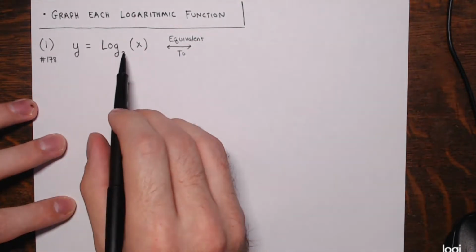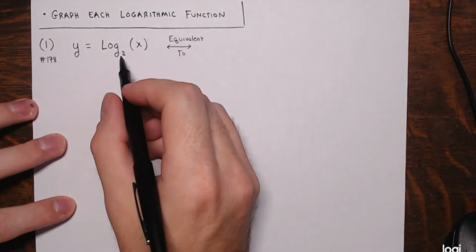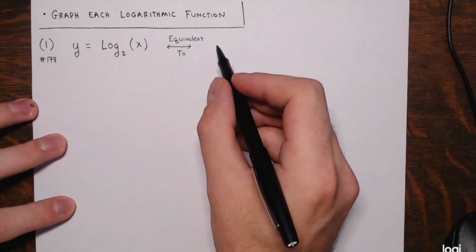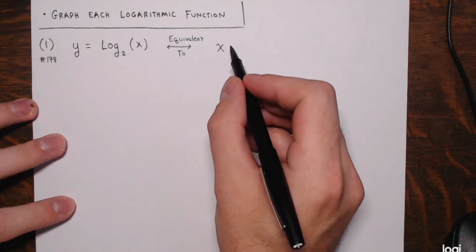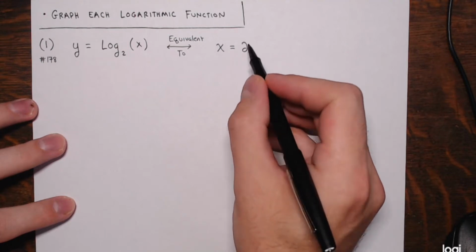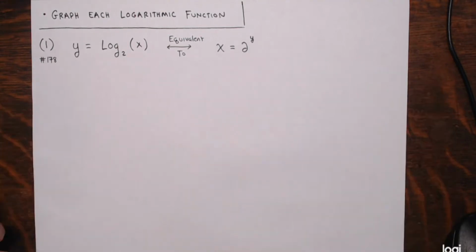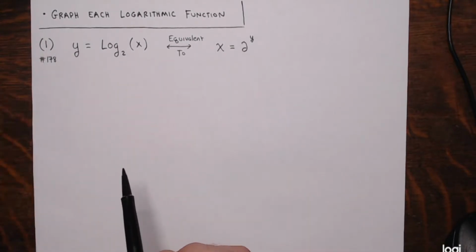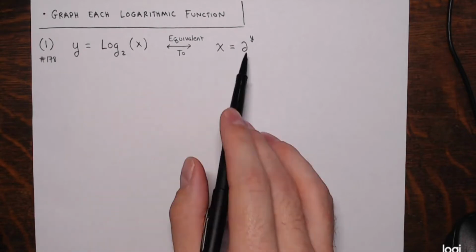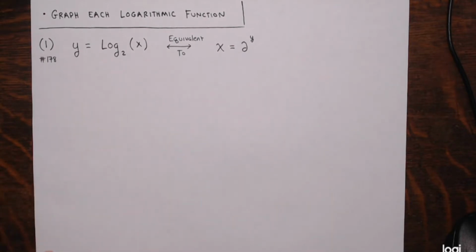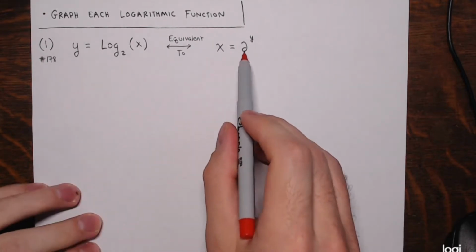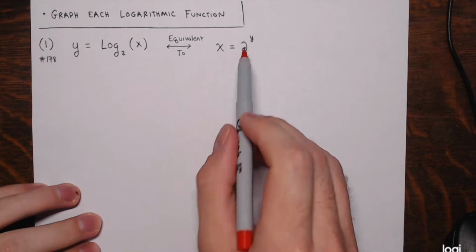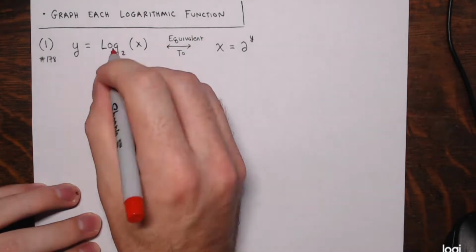Y equals the log base 2 of x is the same thing as saying 2 to the y power equals x, or x equals 2 to the y. We could plug in values of y and get values of x and then plot ordered pairs. But noting this gives me an idea as to what I should be plugging in for x. According to this statement, x should be some power of 2. So that's what I'm going to do.